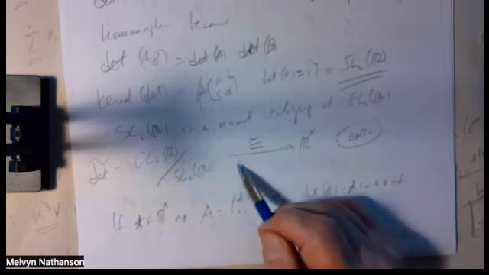Every non-zero real number is the determinant of some matrix. We know this is 1-to-1, so if it's 1-to-1 and onto, this is an isomorphism. So this quotient group, GL2R mod SL2R, is a multiplicative group which is isomorphic to the non-zero reals.